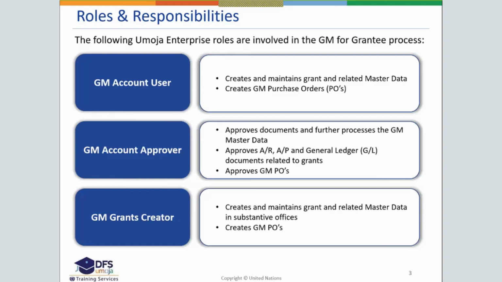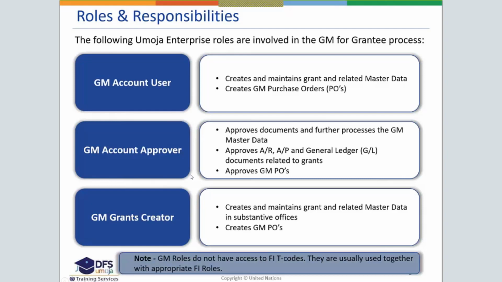The GM grants creator is very similar to the GM account user, but in some substantive offices. Very important for you guys, because almost all of you are finance people: the GM roles do not have access to FI codes, but usually they go together. So if you have the GM roles, you will for sure have the FI roles assigned as well.